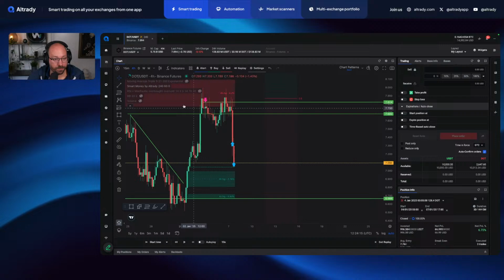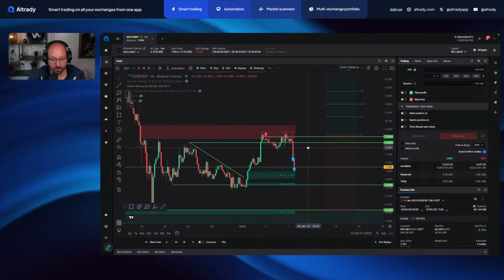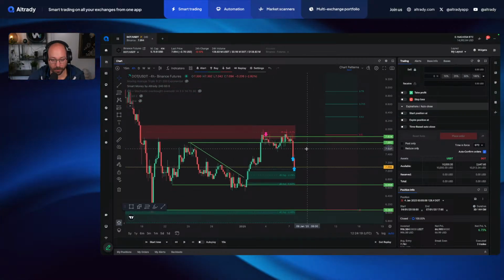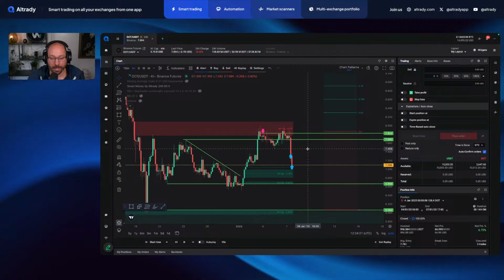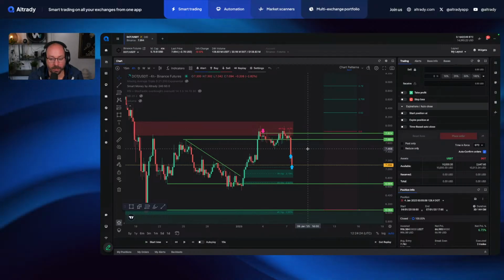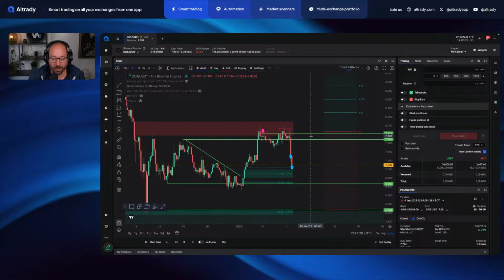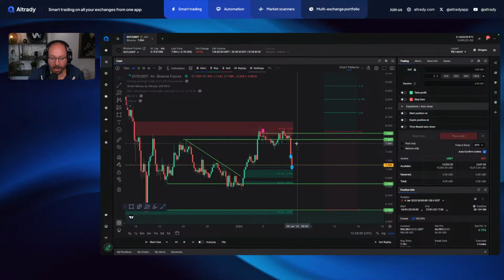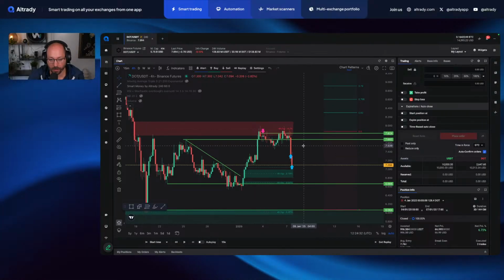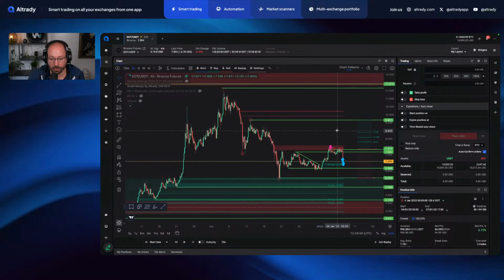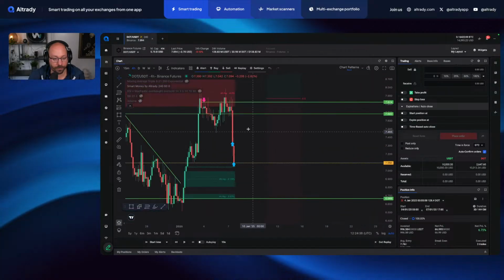Okay, so now what are we getting? Now that we entered from our premium zone, I would say that we should be able to look for that order flow, right? So that we might profit on the way down even further.